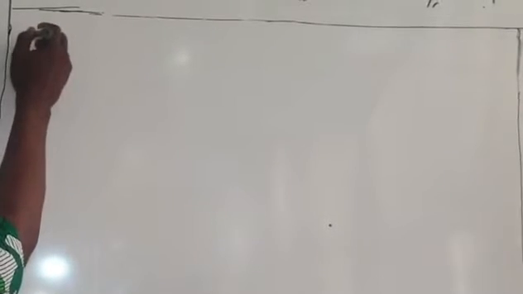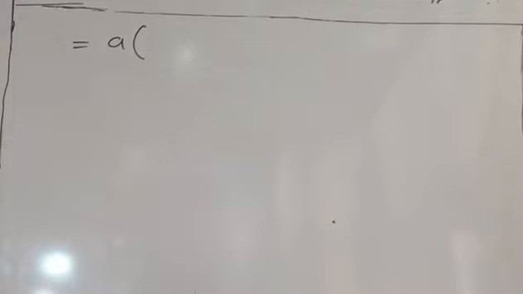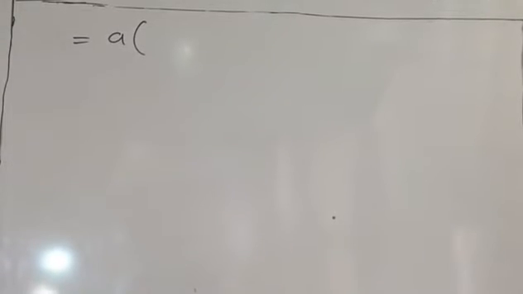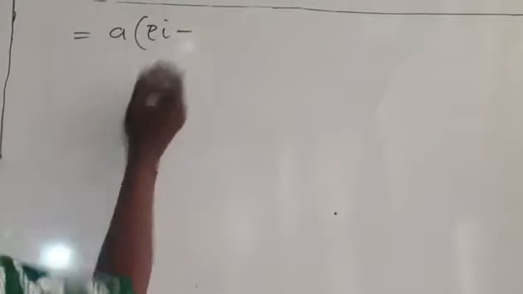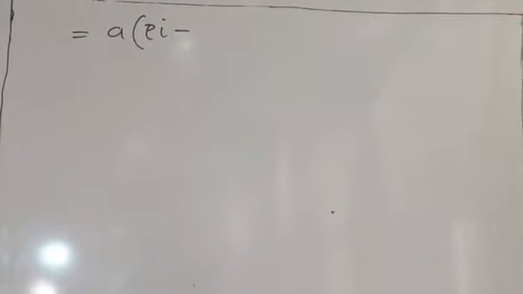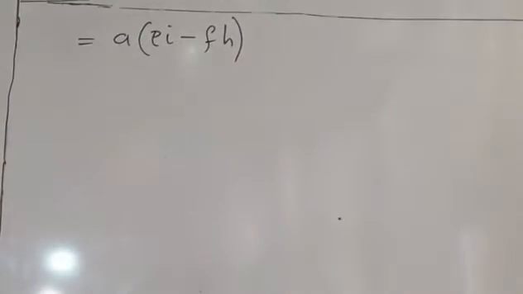Then from here, we are going to have A into, you multiply the principal diagonal, that is E times I, EI minus F times H, that is FH. So we are done with the first one.